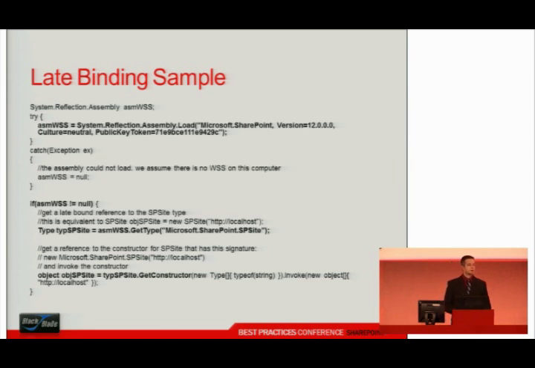And the way that we're accessing the properties and methods of these objects is by using InvokeMember. So this is all doing late binding. If we misspell a method or a property name, or send the wrong parameters to a constructor or method call, we will not get any compile time checking. We will only get runtime errors when we do this. And we'll only get particularly nasty runtime errors.